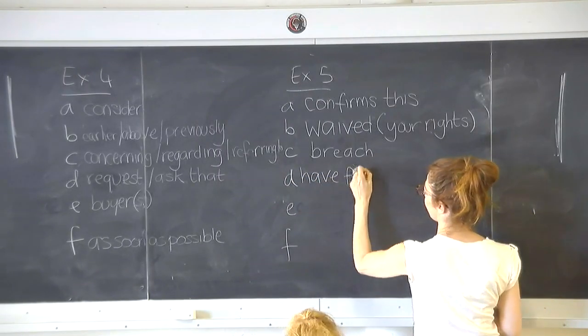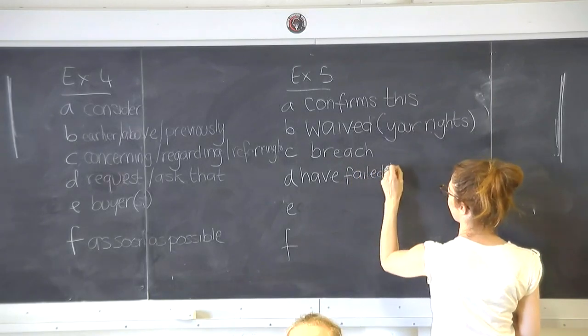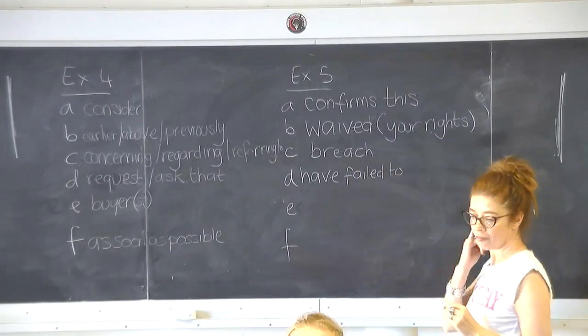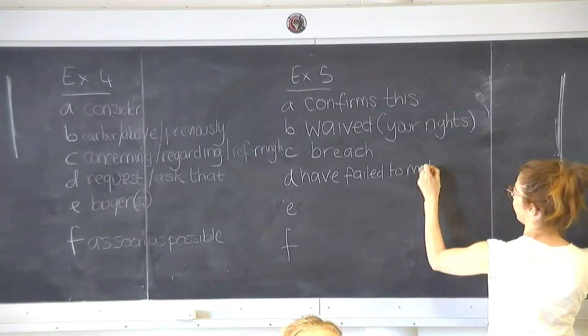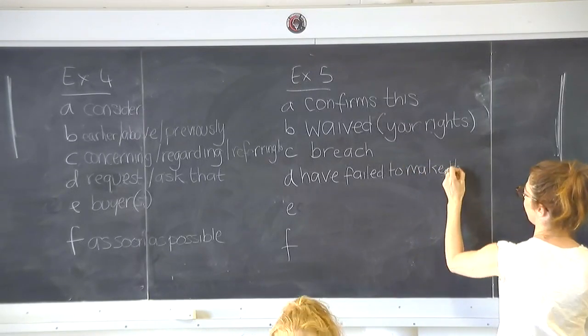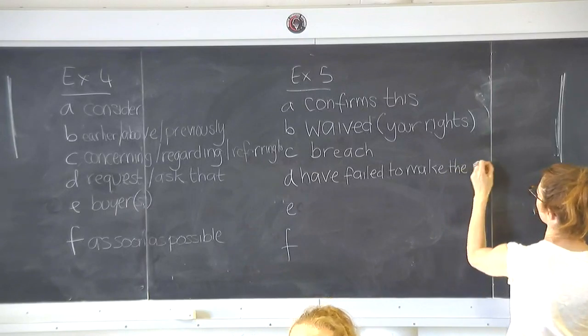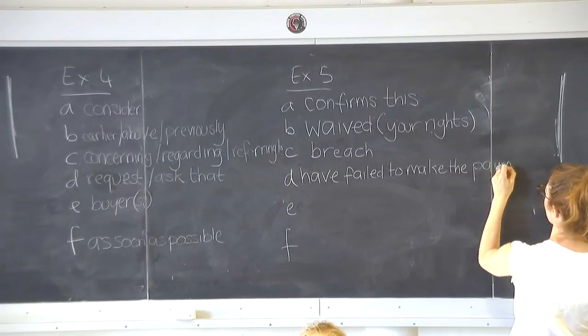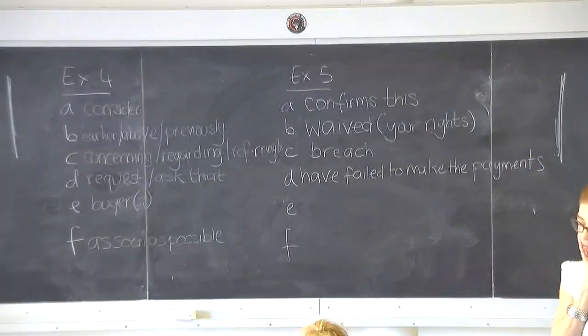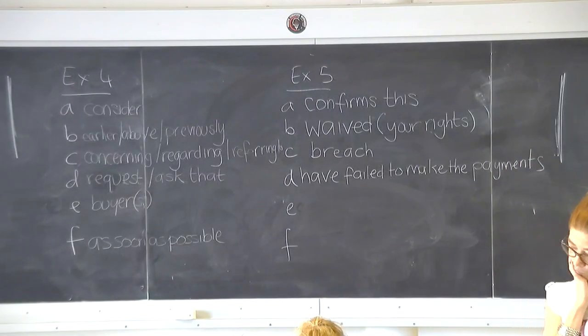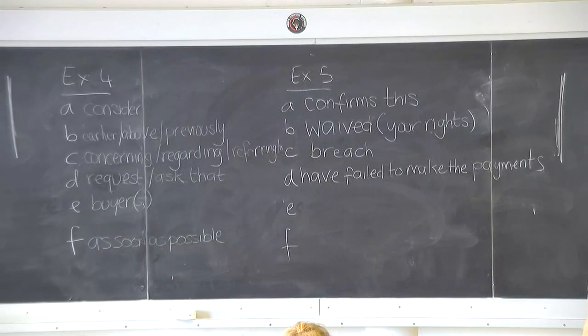"You have failed to..." Again, to pay, I would use something different. I would say "payments". So, "you have failed to make the payments", also because you're talking about a regular payment.